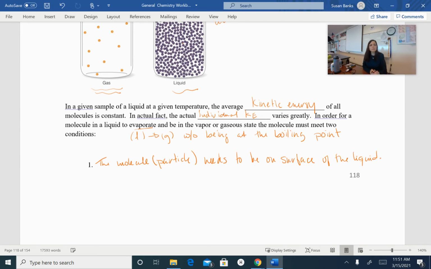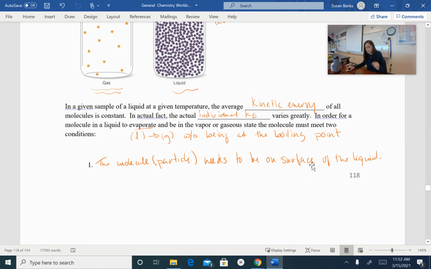If that molecule or that particle is deep in the middle of a drop or a cup of that liquid, there's no way it's going to be able to vaporize because it's not going to be able to get out of that liquid to become a gas molecule.